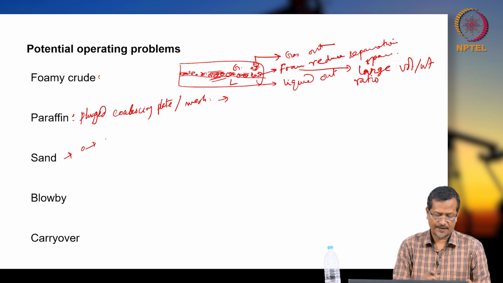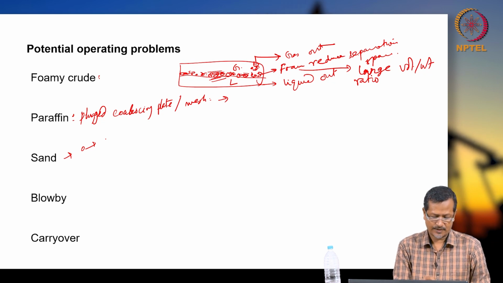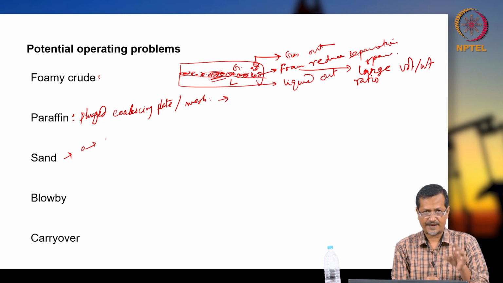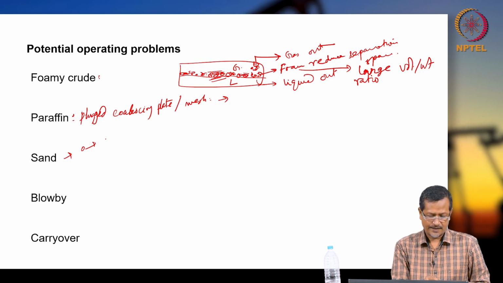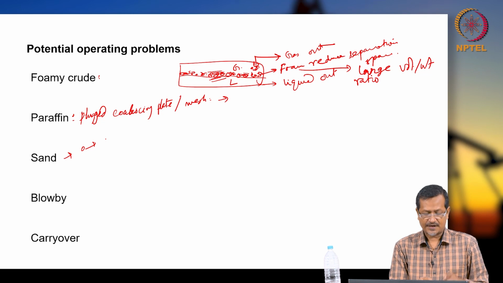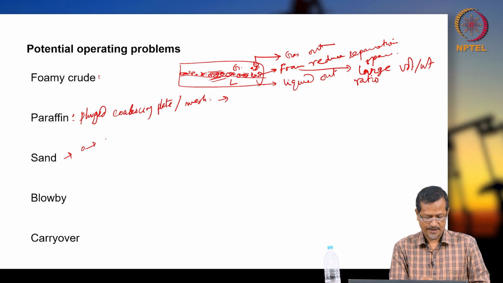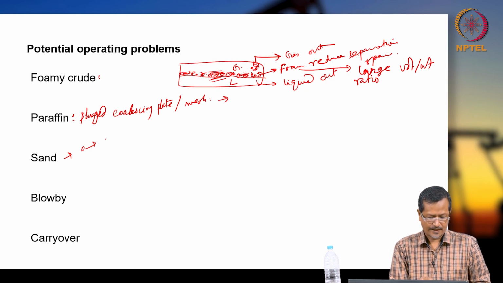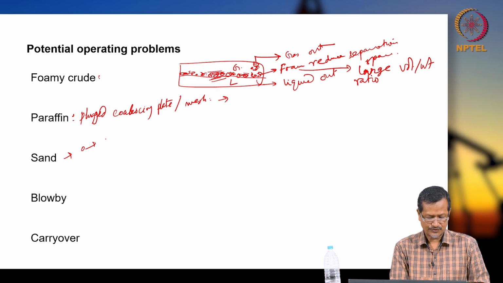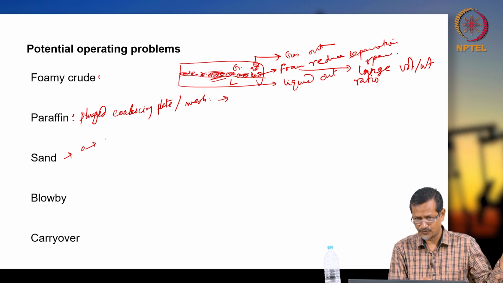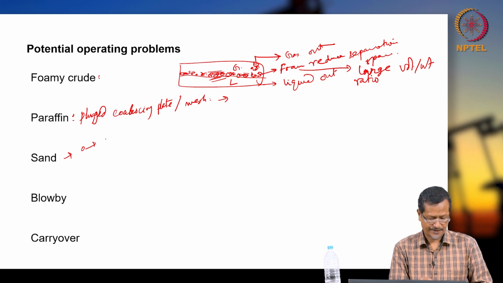It will create plugging, accumulating inside pipes, tubes, and valves. One thing is that special hard trim can be used so that the erosion rate can be reduced to minimize sand effect on valves. Accumulation of sand can be alleviated by the use of sand jet and drain. With a sand jet you can forcefully remove the sand particles from the separator systems.